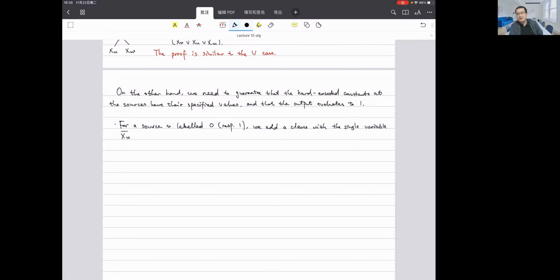This is one of the clauses, and to make this clause equal 1, we know that XV must equal 0. Or respectively, if we want to have the value of XV equal to 1, we just add this clause, just add XV here. So it must equal 1, based on the restriction of the SAT problem. This just forces XV to take the designated value.